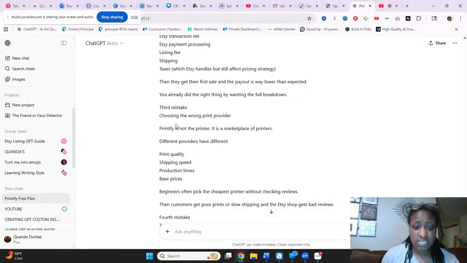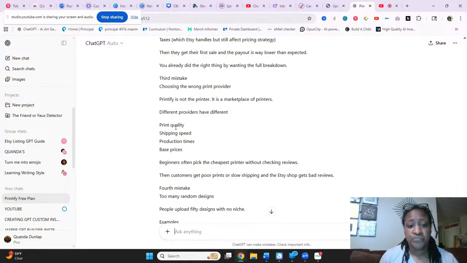Third mistake, choosing the wrong print provider. Printify is not the printer. It is a marketplace for printers. Different providers have different print quality, shipping speed, production times, base prices, and it's right about that.